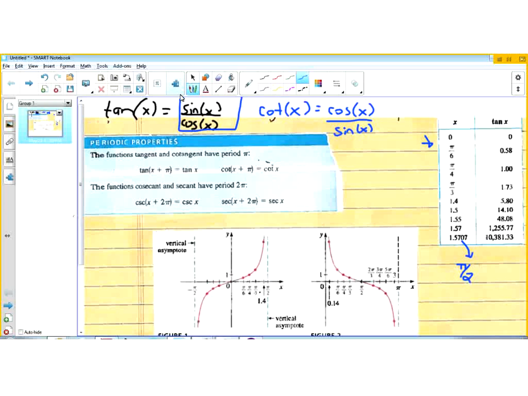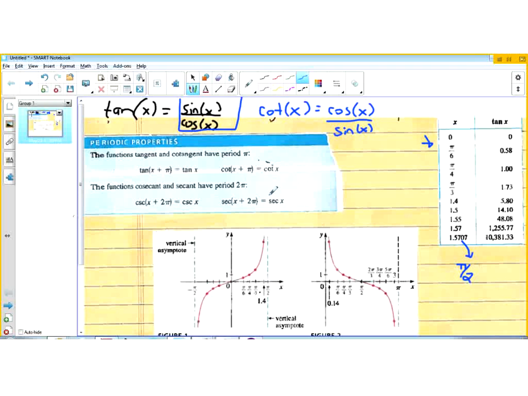So if we have a number divided by a very small number, then the output goes larger and larger, as shown in this table. And the tangent of 0 is 0 because the sine of 0 is 0 and the cosine of 0 is 1.